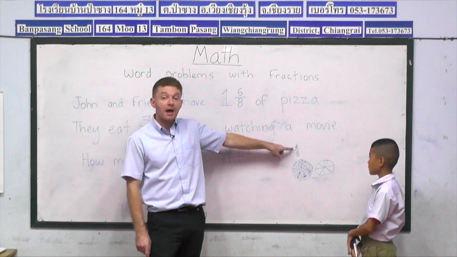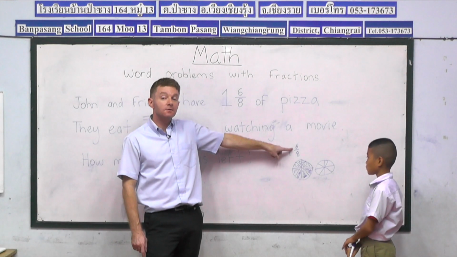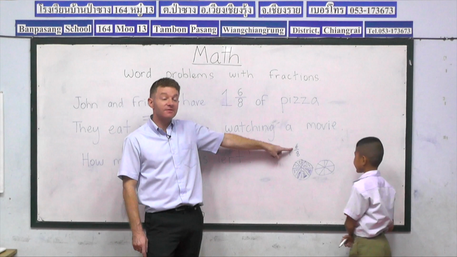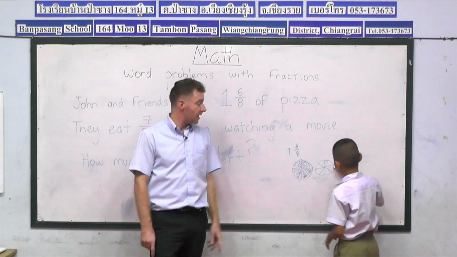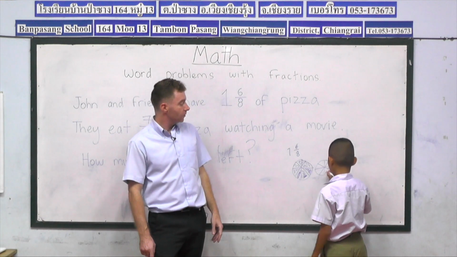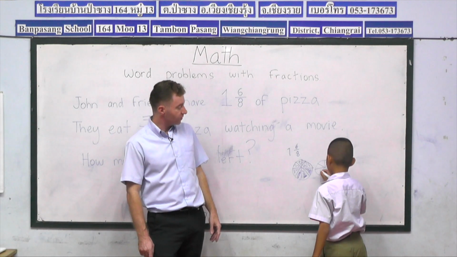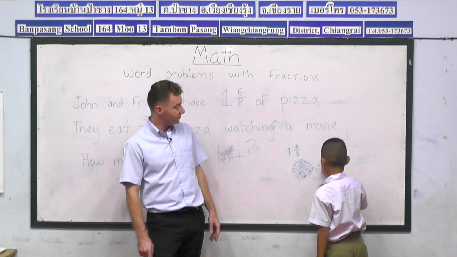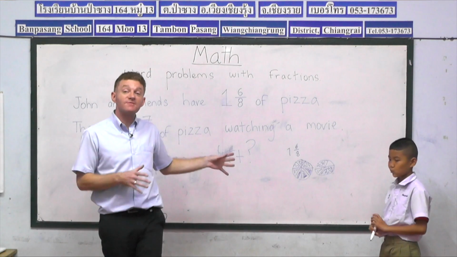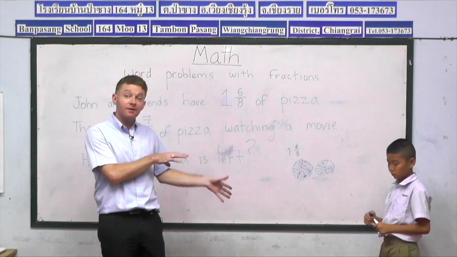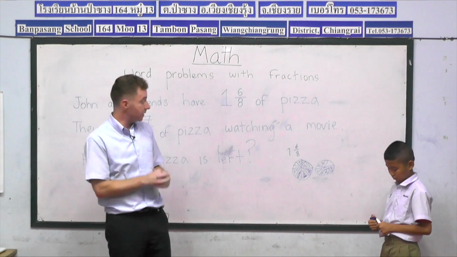And this time, how many parts of our pizza are coloured in? How many slices left? 6. So this time, our second pizza, 1, 2, 3, 4, 5, 6. Excellent, Pangpon. So now we have a diagram to show how much pizza John and friends have to begin with.